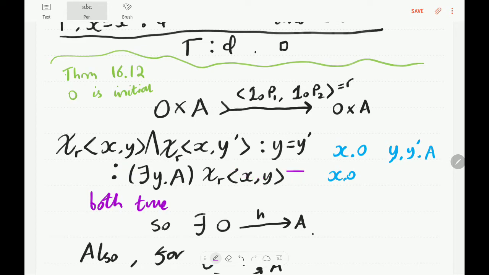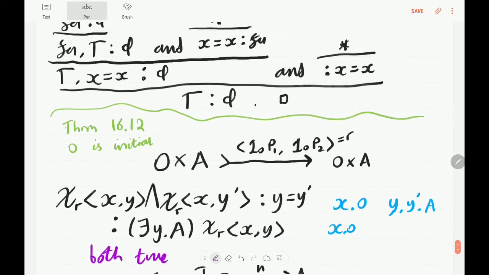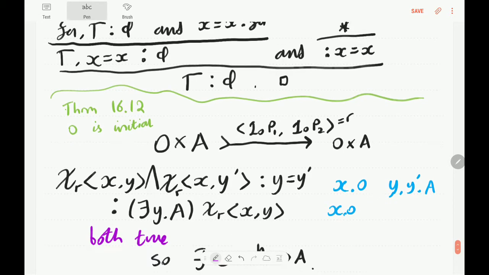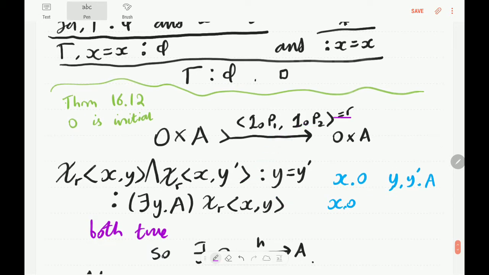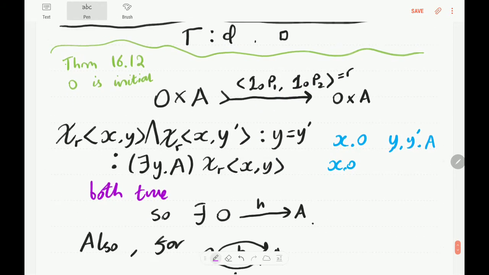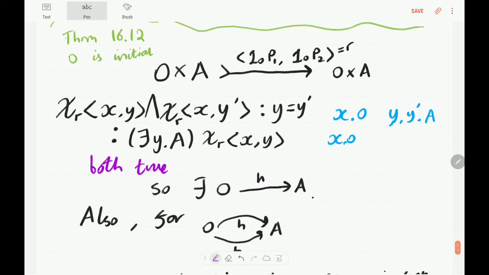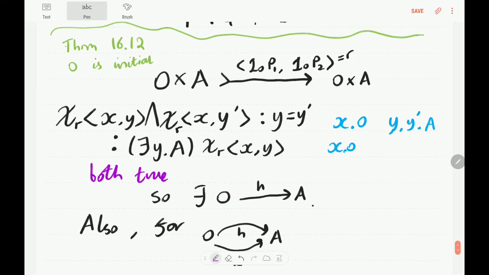Well, the thing is that both of these statements have free variables in 0, and so since we know that any sequent involving variables in 0 is true, we know that these are both true. So we know that R is a functional relation. So it must refer to some arrow from 0 to A, and we can call that arrow H. So we have that there's an arrow from 0 to any object.